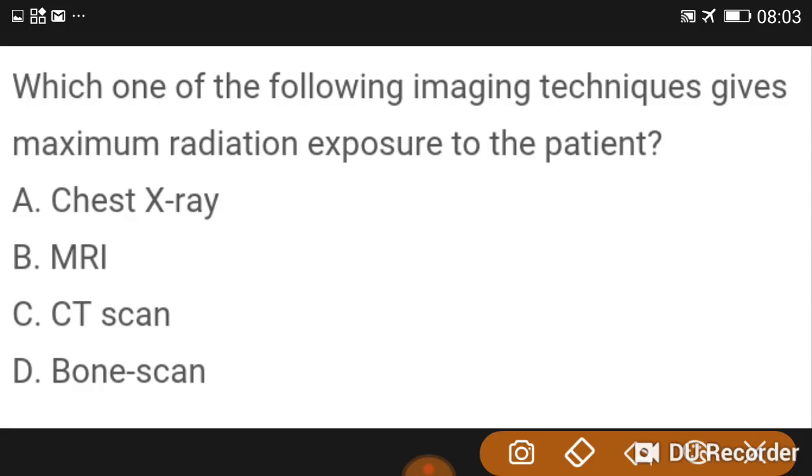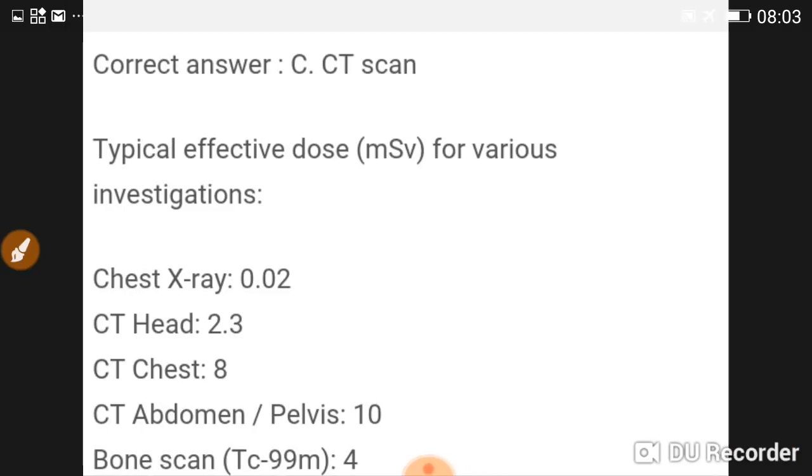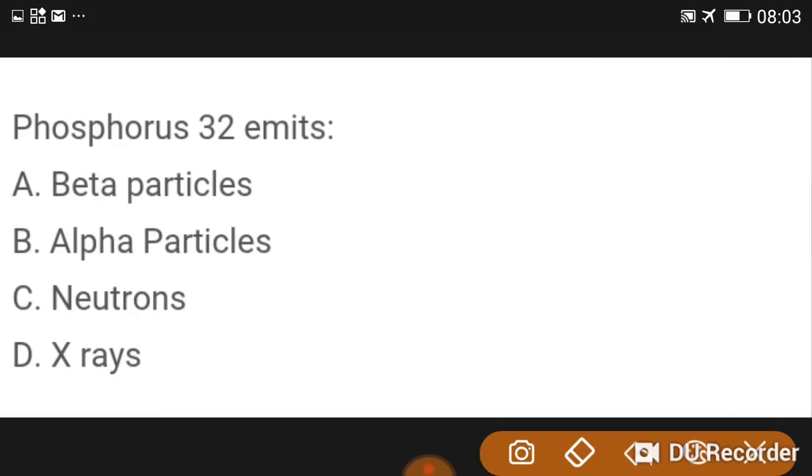Which one of the following imaging techniques gives maximum radiation exposure to the patient? CT scan. X-ray gives 0.02, CT head 2.3, CT chest 8, CT abdomen pelvis 10, bone technetium-99 scan 4. Phosphorus 32 emits beta particles.